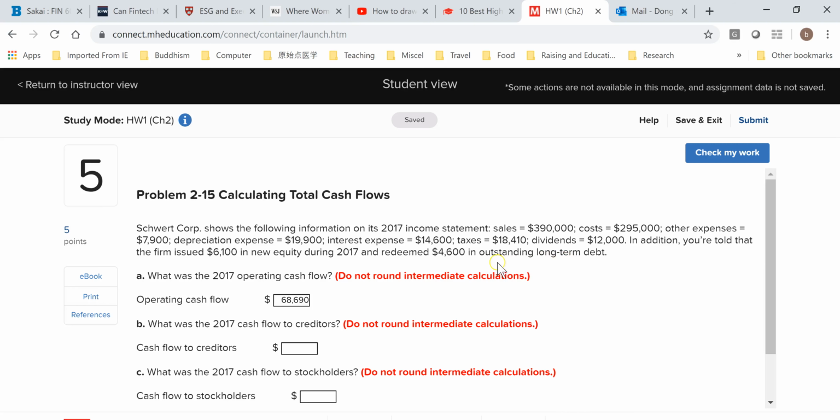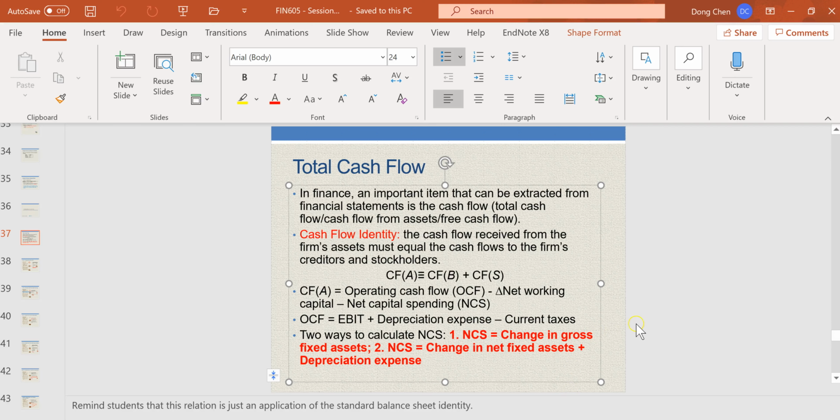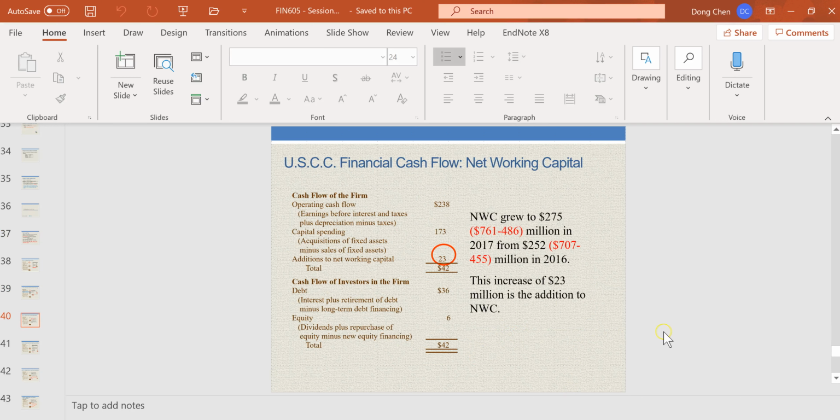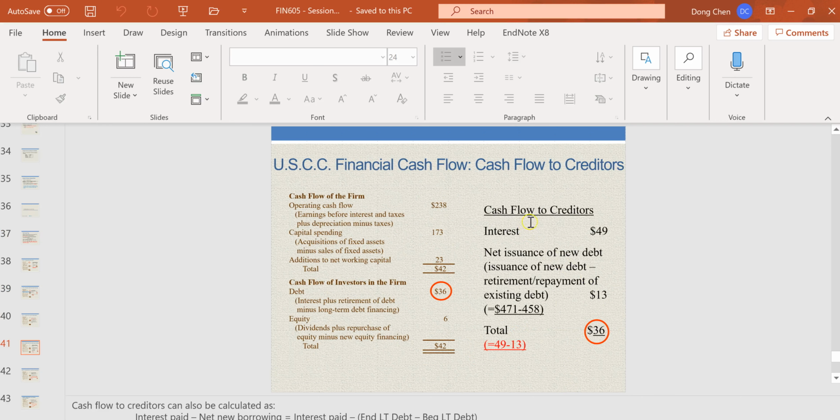So the question tells us, the setup tells us that the firm redeemed $4,600 in outstanding long-term debt. And if you go to the slides again, you can see that the formula for the cash flow to creditors is interest and then net issuance of new debt.